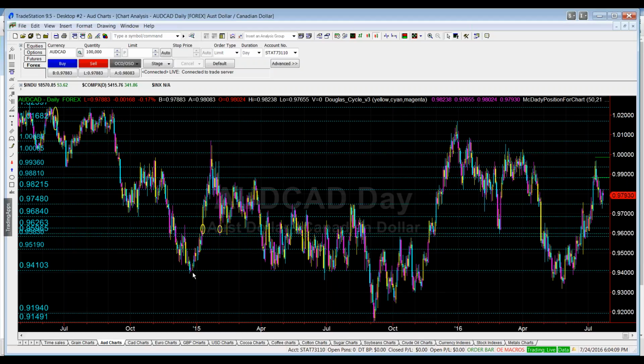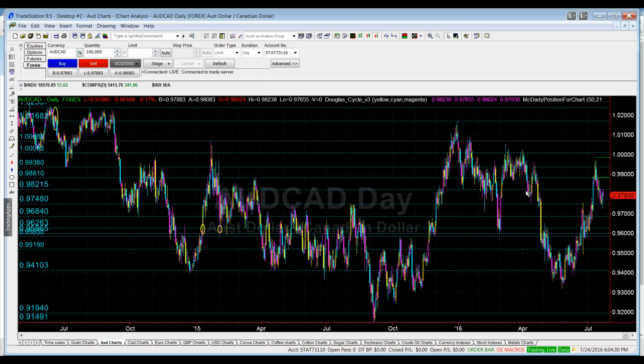The bias is to the upside. We are above this structural point. So we have moved from down, going up, and going through several structural points.